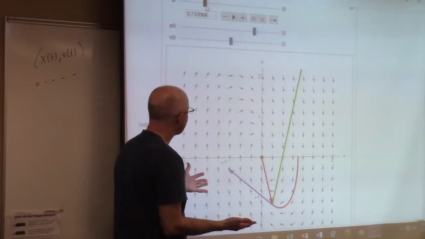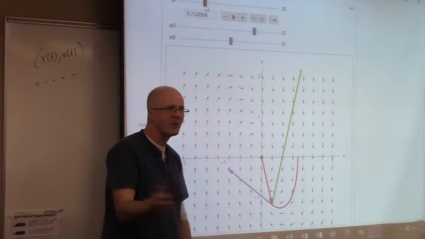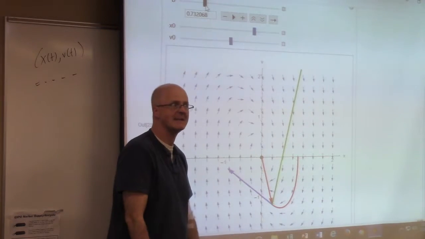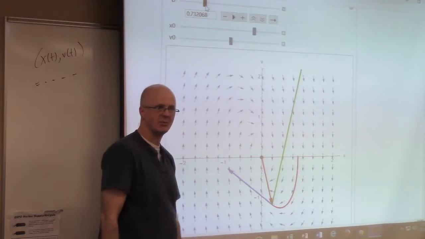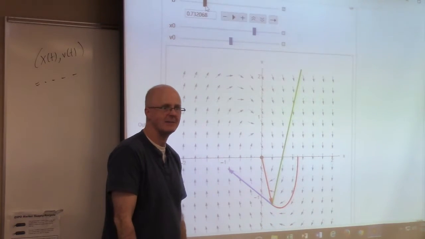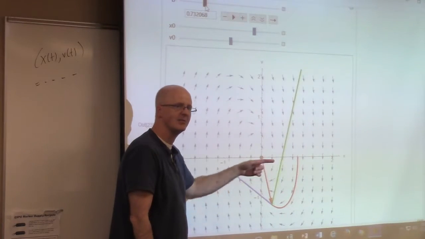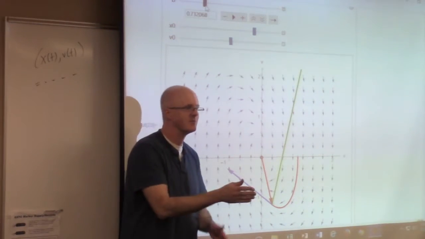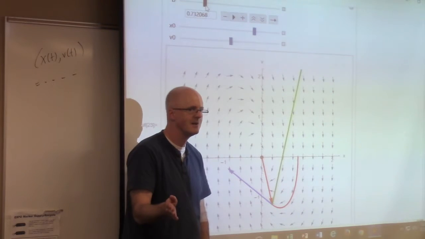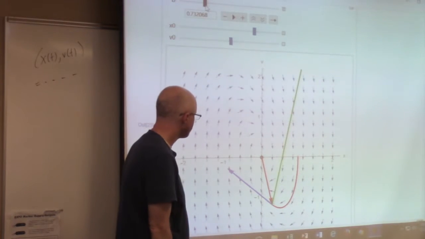Do the blue and green arrows have any interpretation of the mass in the spring? Maybe, but if it is, it's not clear what it is. The red arrow has an interpretation. It's, again, pointing at the point itself, whose coordinates, x and x prime, represent the position and velocity of the mass in the spring.